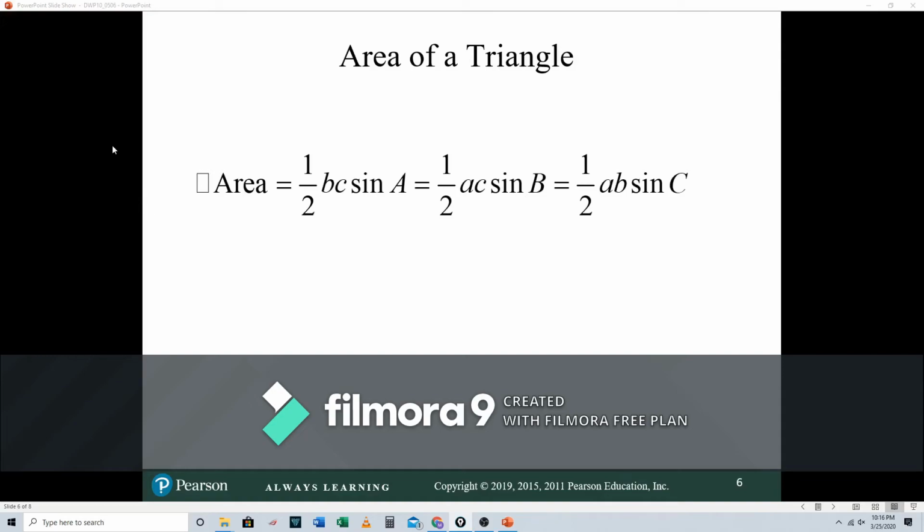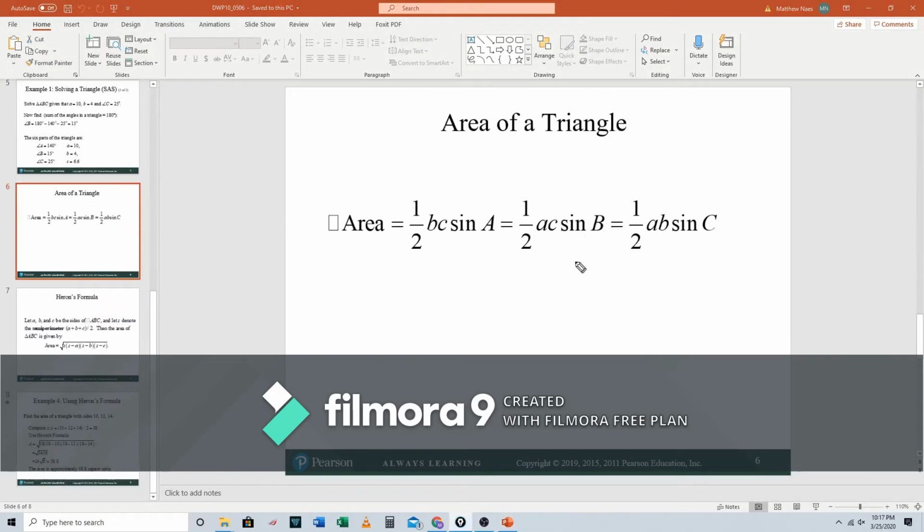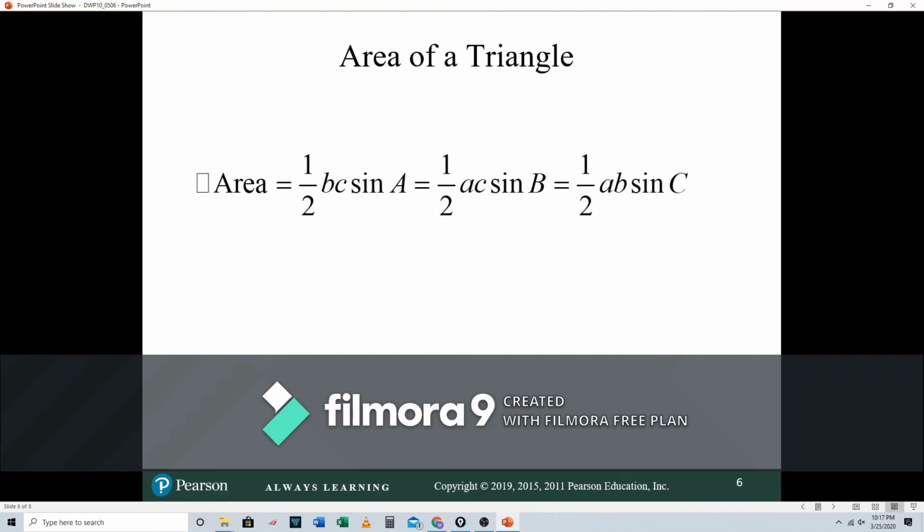We're given that C is equal to 112 degrees, A is equal to 1.8, and B is equal to 5.1.